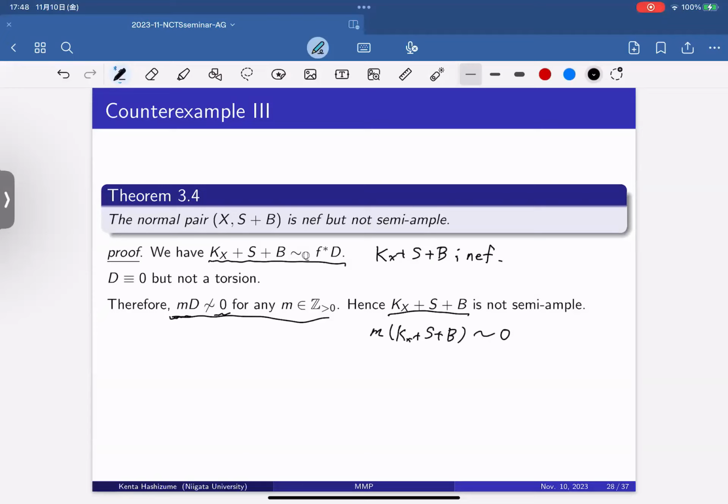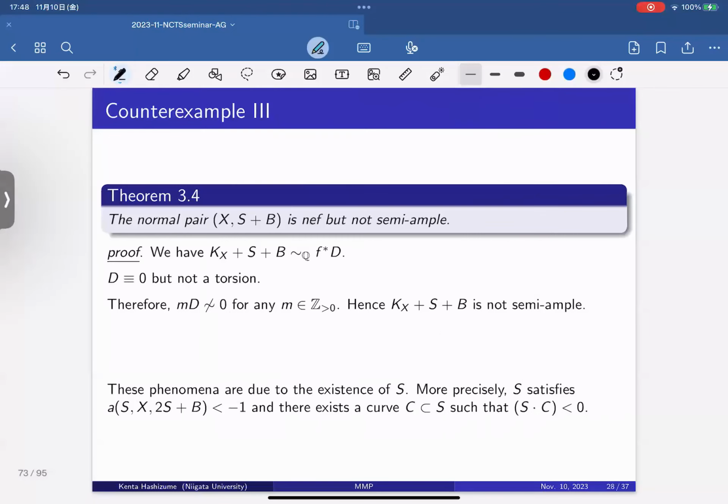So we get a contradiction. So this divisor is not semi-ample. Okay, so these three examples are counterexamples to all statements of the minimal model theory.